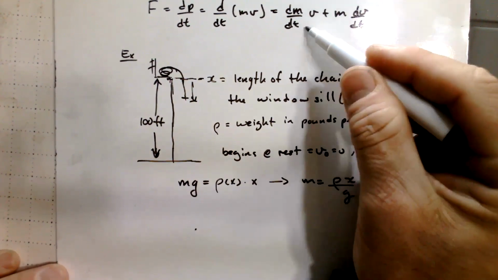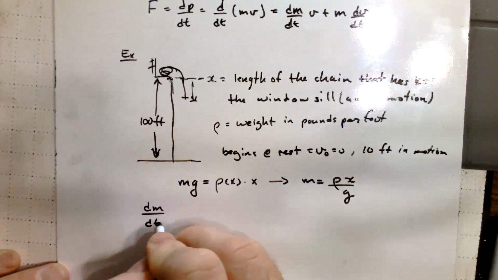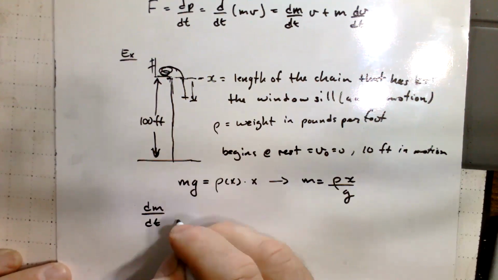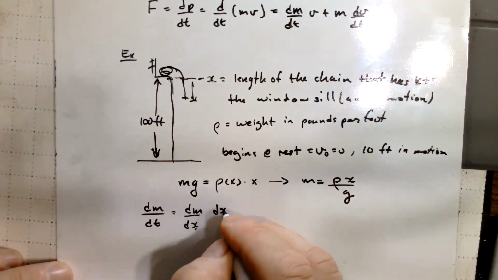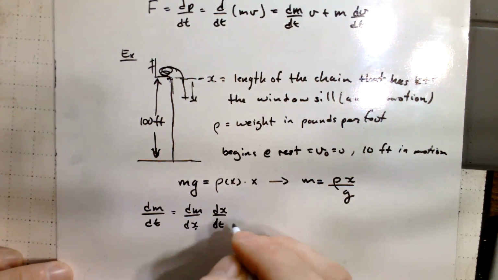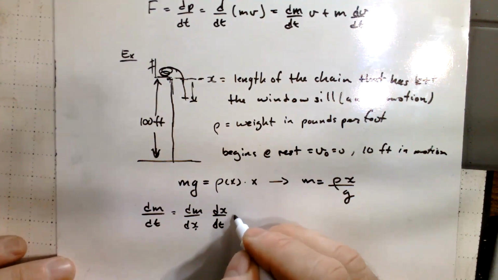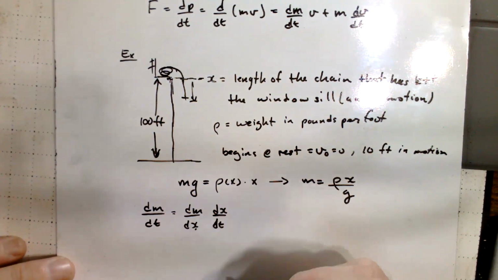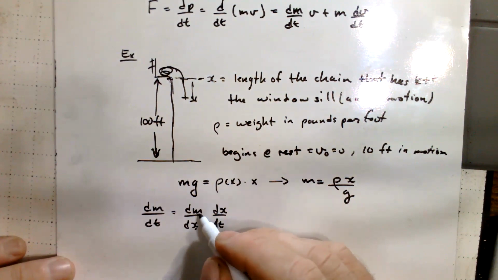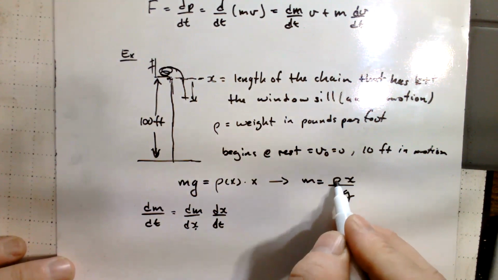Going back up to this value here, dm dt is equal to dm dx times dx dt. dx dt is the change in length, and dm dx, if you look up here, is going to be rho over g.